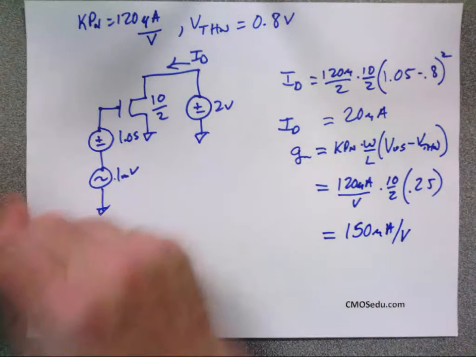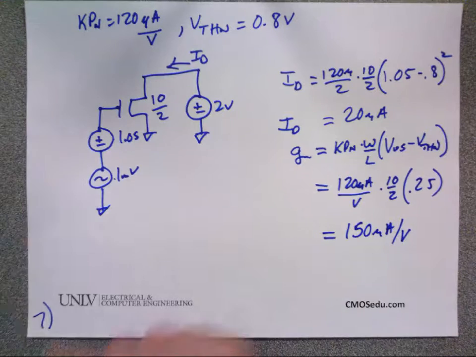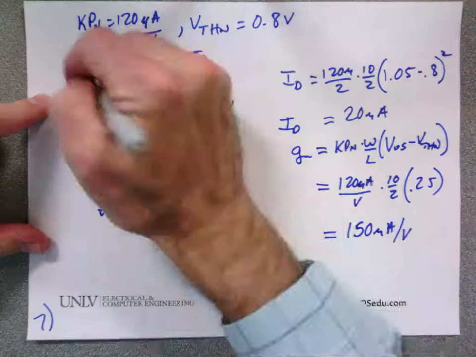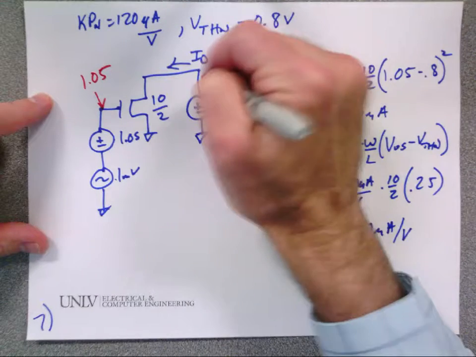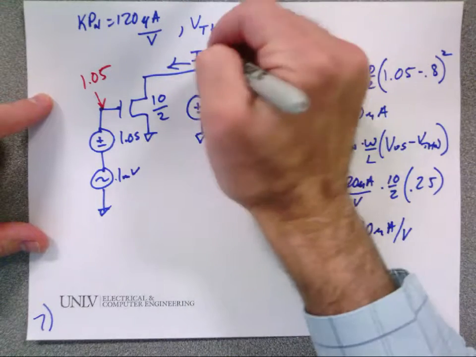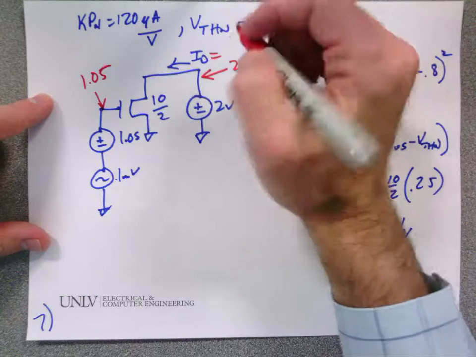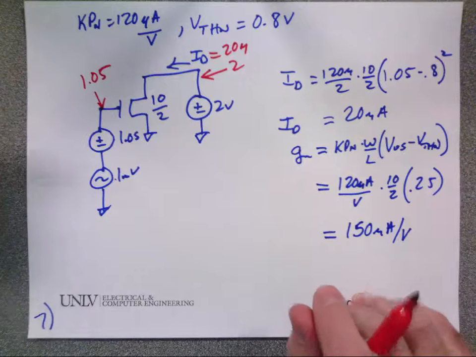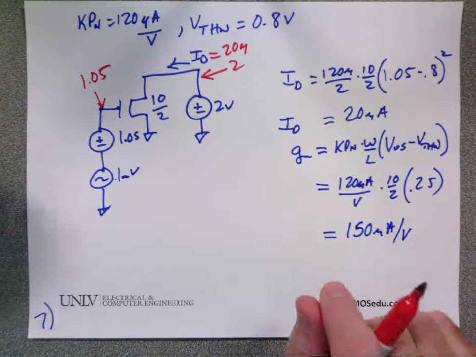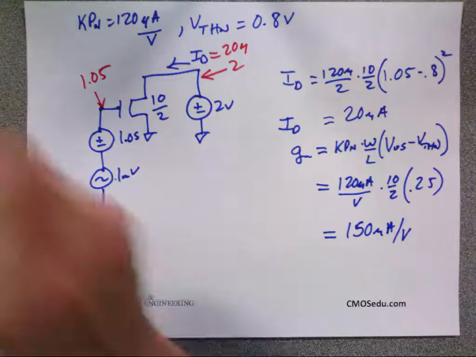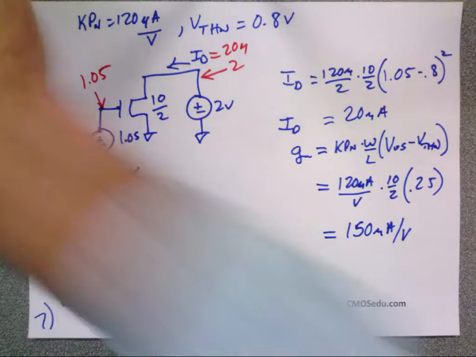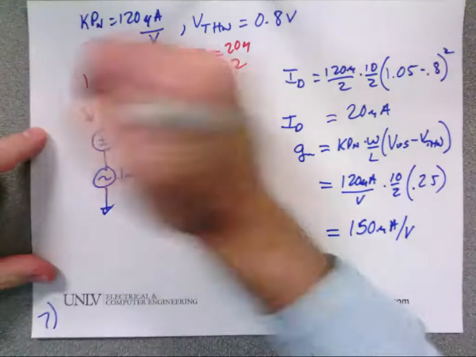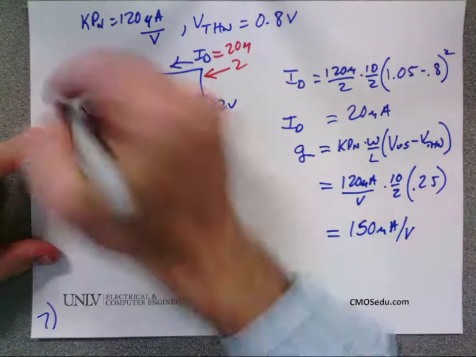So I'm going to ask you some questions, and you're going to tell me what's going on. What's the DC voltage here? 1.05. What's the DC voltage there? 2. What's the DC drain current? Close to 20. We got 17.4, so we're off a little bit. Questions? Okay, now, what's the AC voltage there? 1 millivolt.